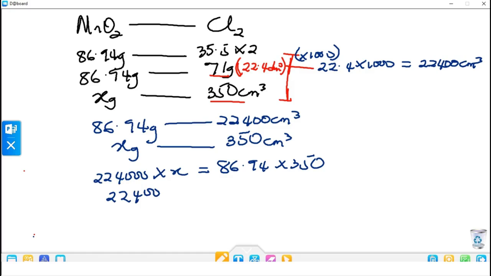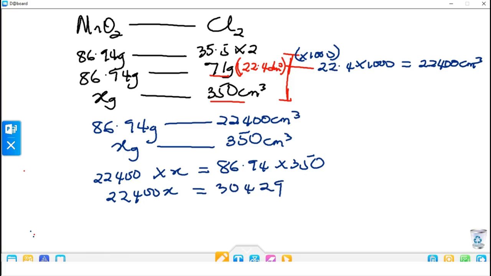So 22,400x is equal to 86.94 times 350. What does it give us? 86.94 times 350 gives us 30,429.